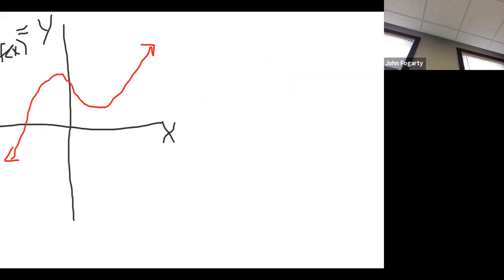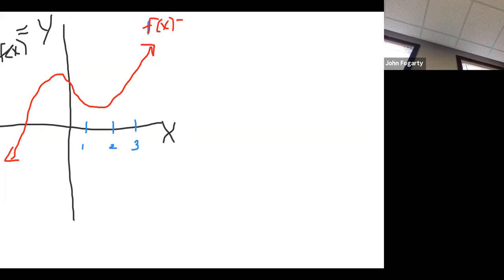Everybody can see that, right? And now I go like this. So if I said to you, what is the limit as x approaches 3 for this function, f of x?